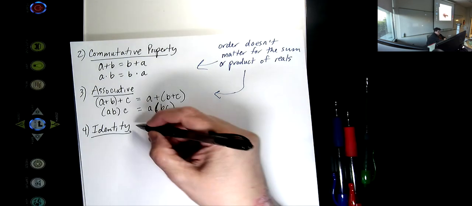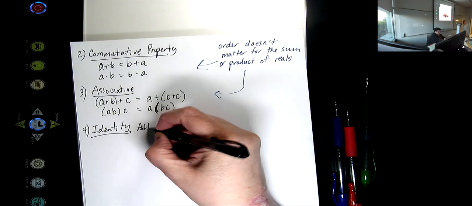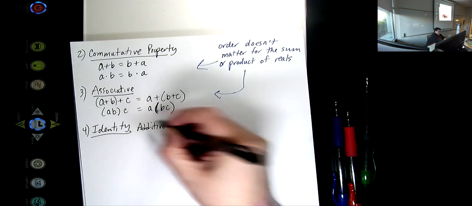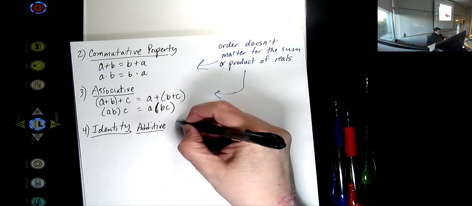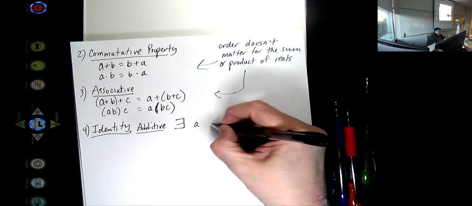So let's do the additive identity. The additive identity: there exists a real number 0.